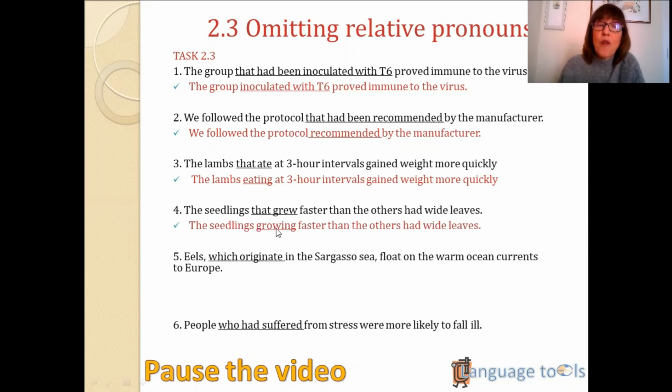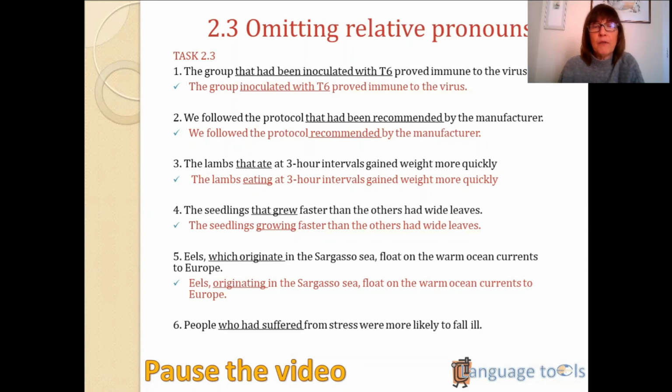The seedlings growing faster than the others had wide leaves. 5, eels which originate in the Sargasso Sea float on warm ocean currents to Europe. Eels originating in the Sargasso Sea float on warm ocean currents to Europe. And finally, people who had suffered from stress were more likely to fall ill. People having suffered from stress were more likely to fall ill.